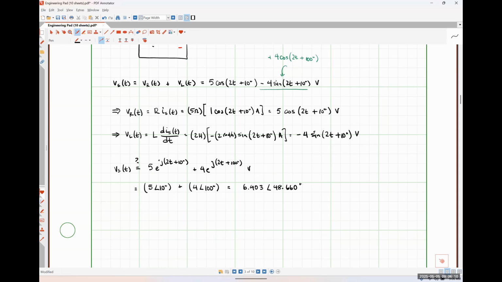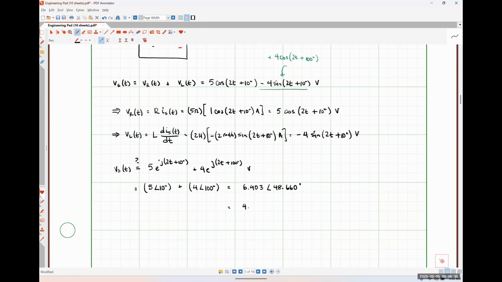Is your calculator in radians? Is your calculator giving you the answer in rectangular form? So in rectangular form, for what it's worth, and I mean, there's a distinct possibility that I've made a mistake, but I think this will sort out things.